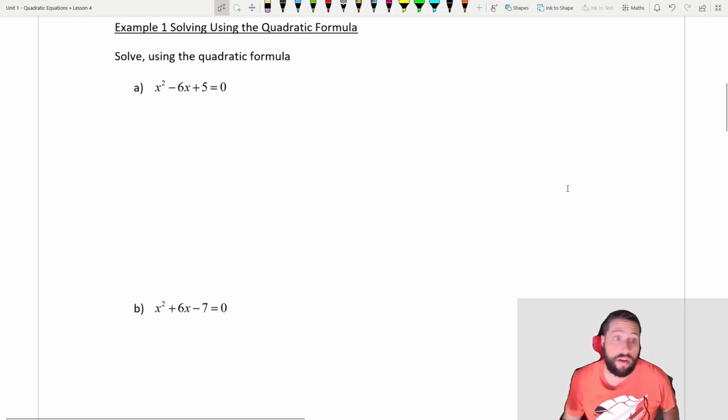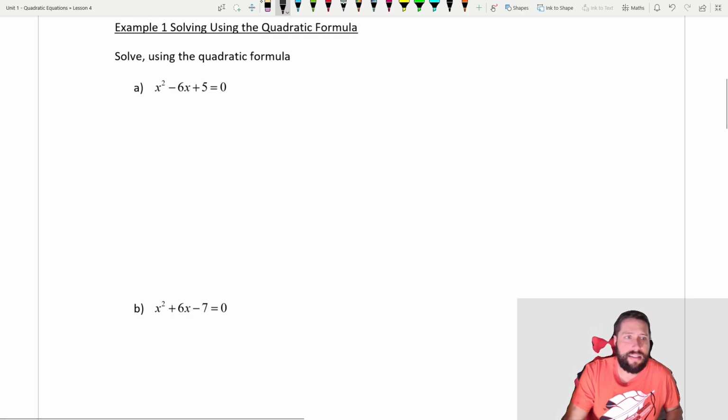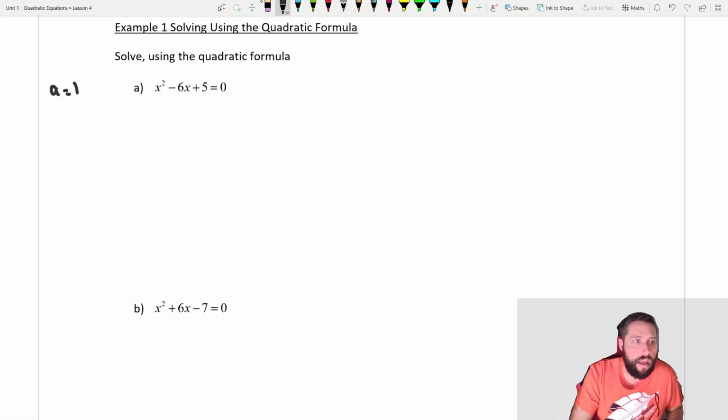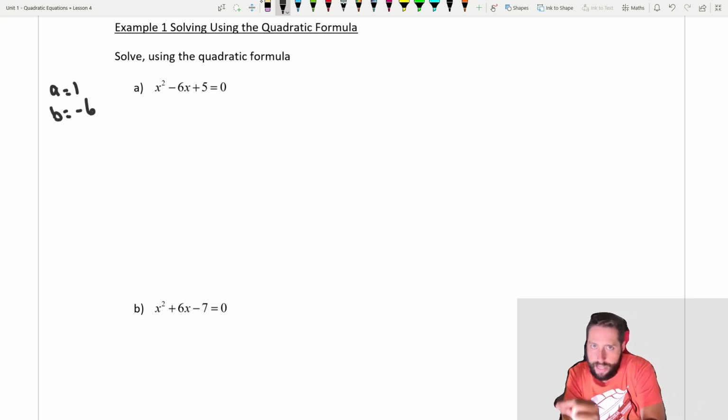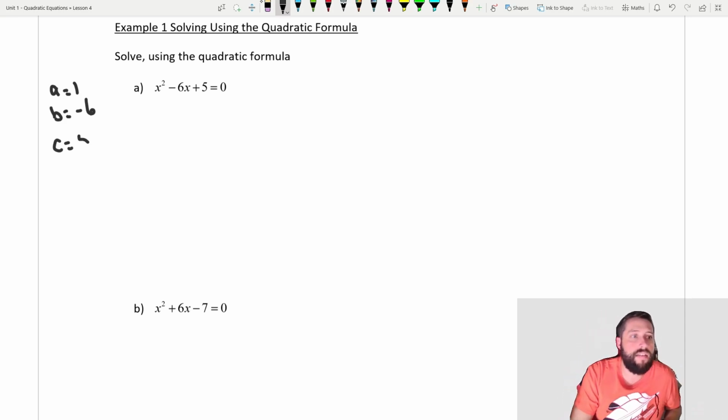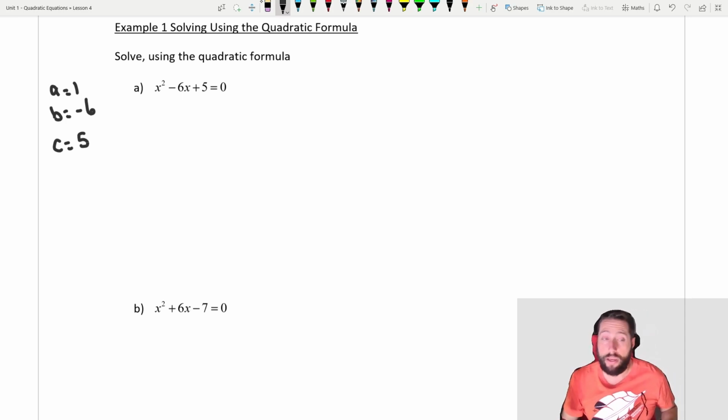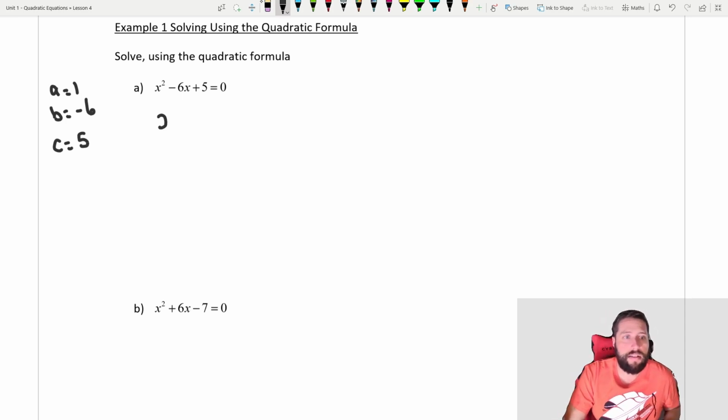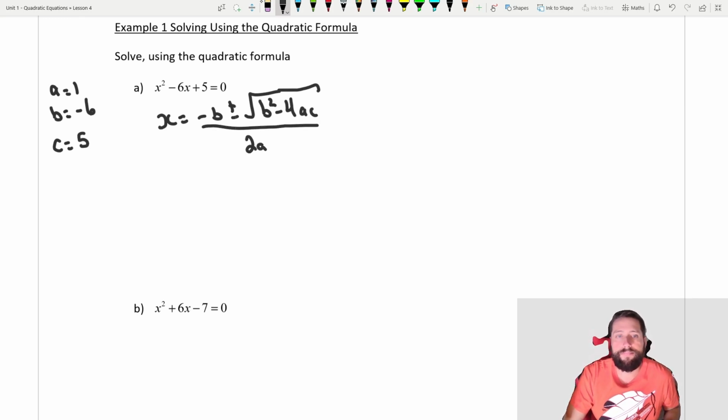Example 1. Solve using the quadratic formula: x squared minus 6x plus 5. Again, it's nice for us to label a is 1, b is negative 6. Yes, the negative is attached to the 6, so you bring it with you, and c is 5. Let's write down the formula: x equals negative b plus or minus the square root of b squared minus 4ac, all over 2a.